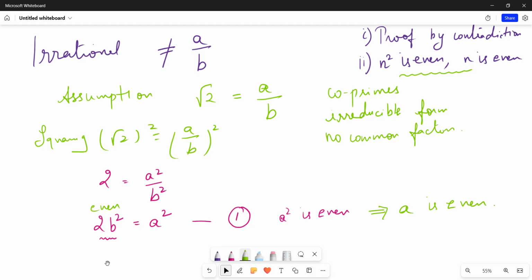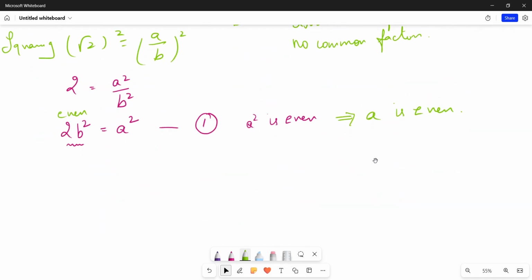Now coming back to a is even, a can be expressed as twice any integer. c is any whole number. So a can be written as 2c. Now let us square both sides. You get a squared is equal to 4c squared.